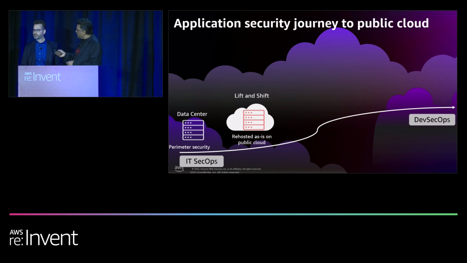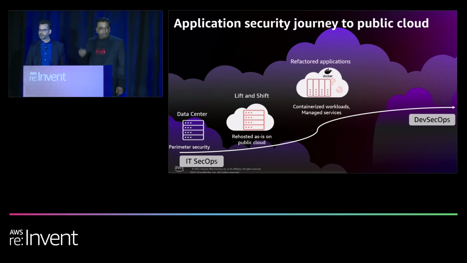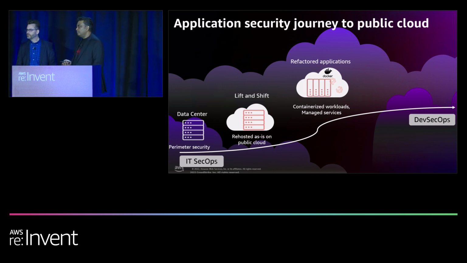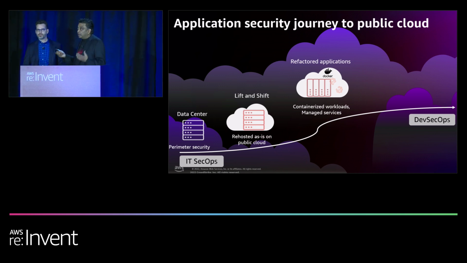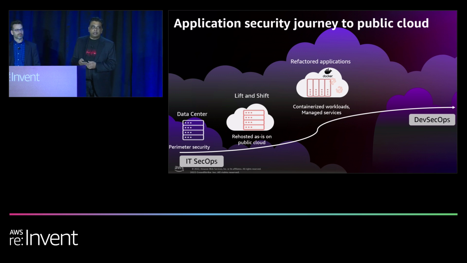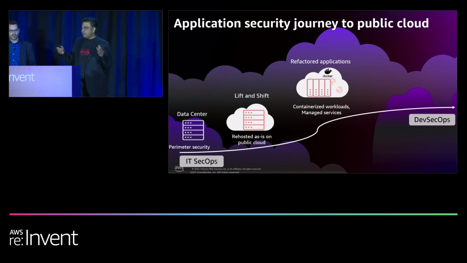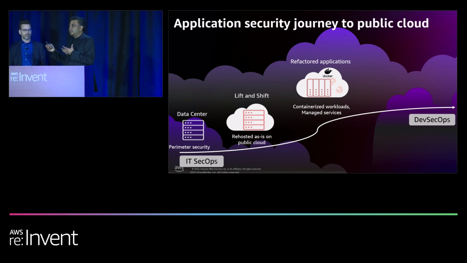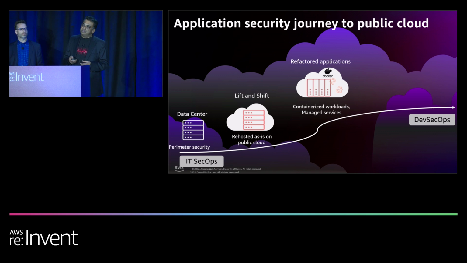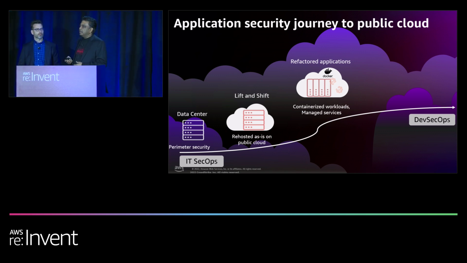And then around 2014, 15, 16, Docker containers became very popular, and Mesos and other microservices-based architectures became popular. This is when you refactor those applications and move them as greenfield apps into the cloud. So we went from lift and shift to greenfield cloud-based containerized applications.